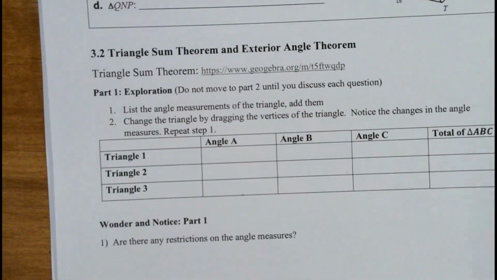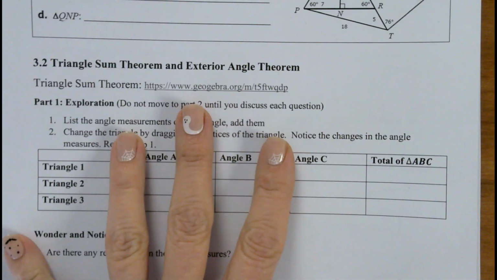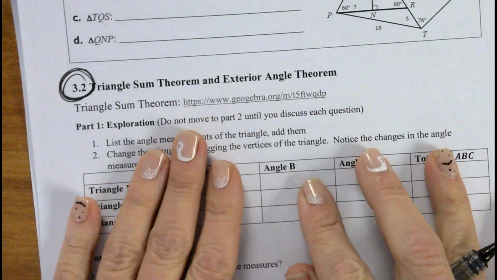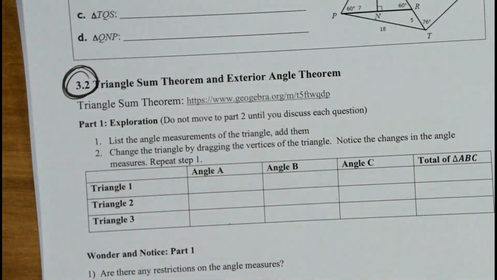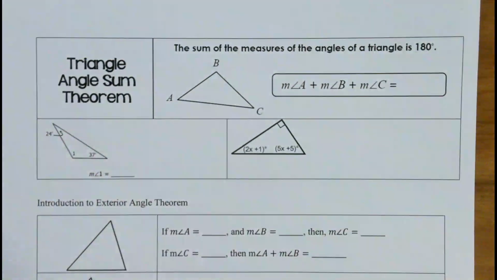All right. I want you to flip to this page. We're going to skip it. We are doing 3.2 right now, but I don't want to do this exploration. I have a quicker one. So I need you to go all the way to this page right here. And then I want you to watch the screen.